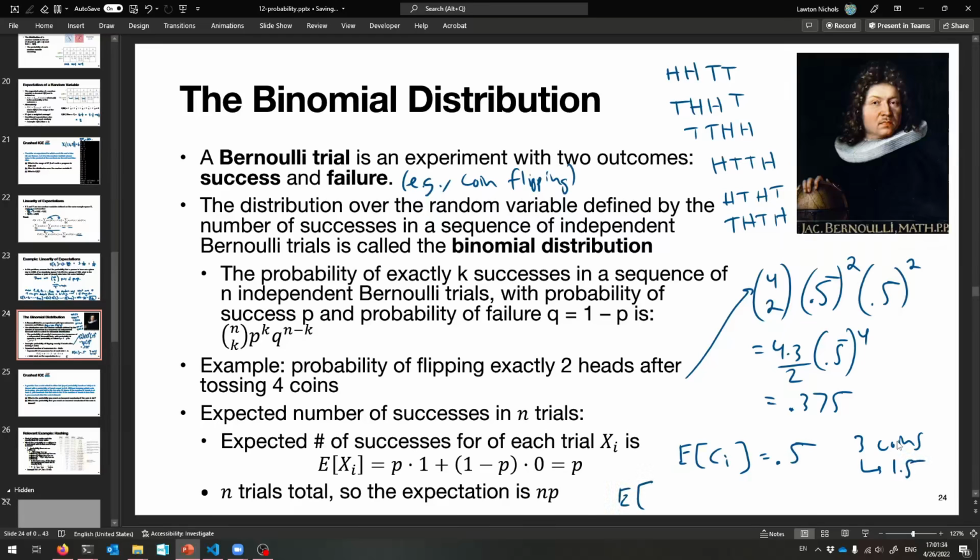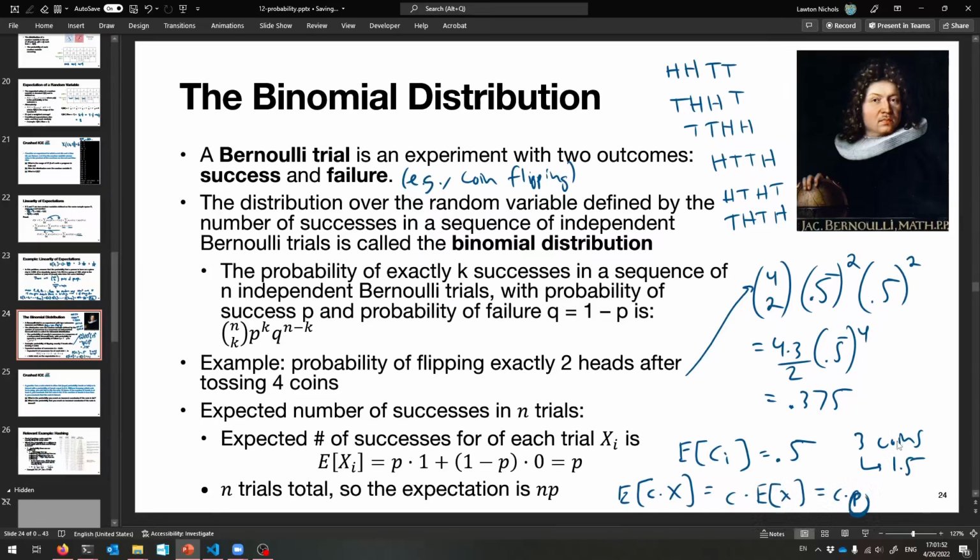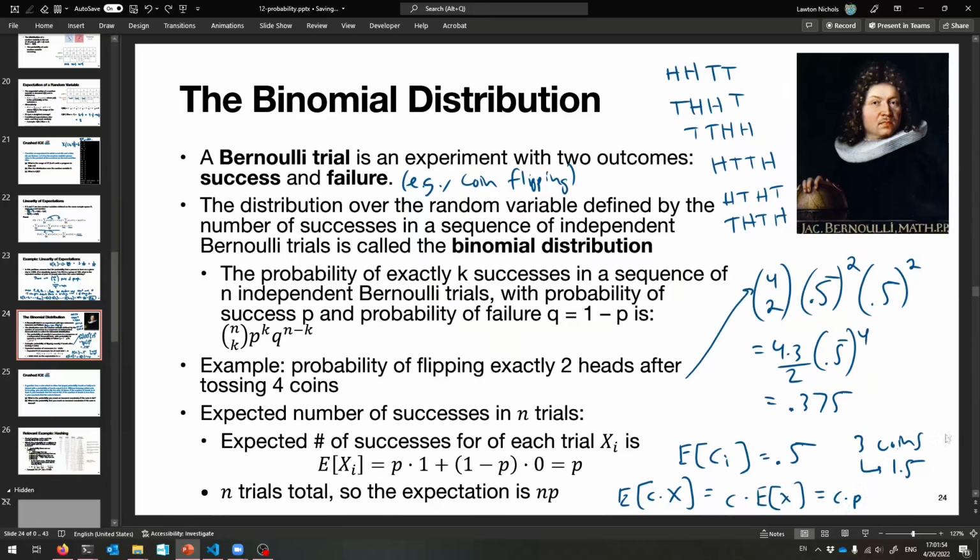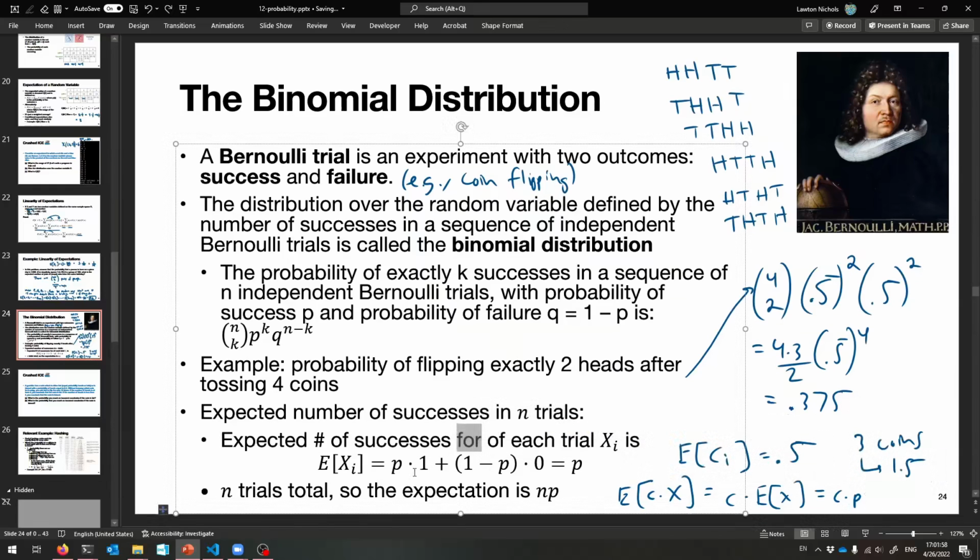I'm doing the expected number of a constant number of things times my random variable x. That's just c, 3 in our case, times the expected value of x, which is just c times our p, our probability of success. So it's very easy to calculate the expected number of successes using this formula for Bernoulli trials.